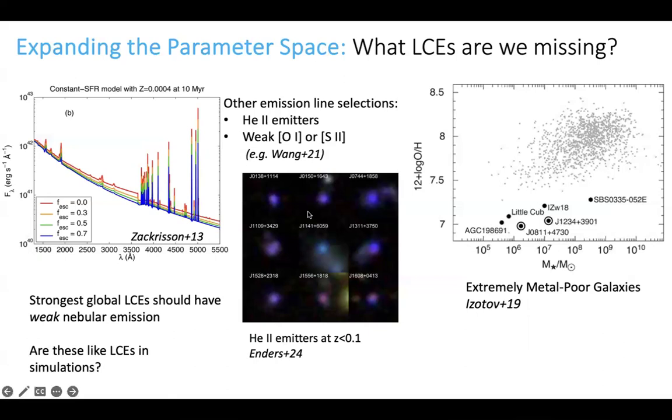And then if we want to really connect this to populations at very high redshift, we need to think about looking at extremely low metallicities that might be relevant for very high redshifts. This is showing just some samples of extremely metal poor galaxies in the local universe. And again, getting down to extremely low metallicities and extremely low luminosities is not something we can easily do at redshift 0.3.